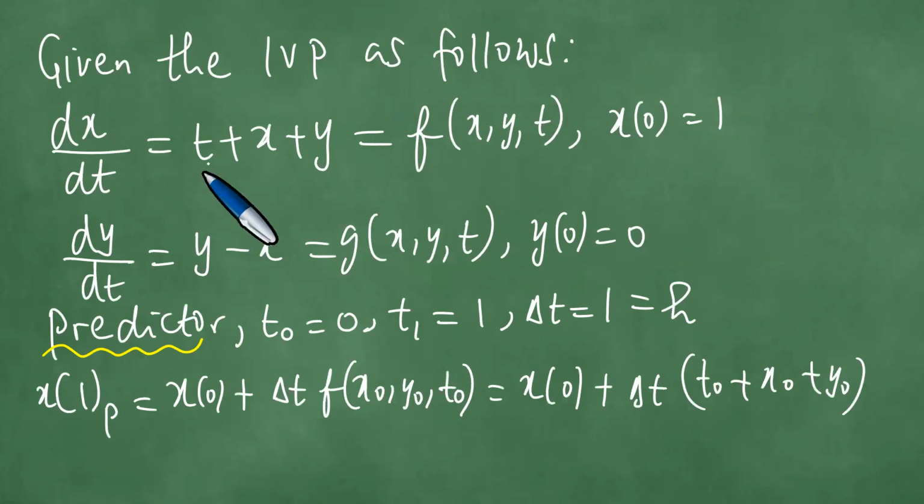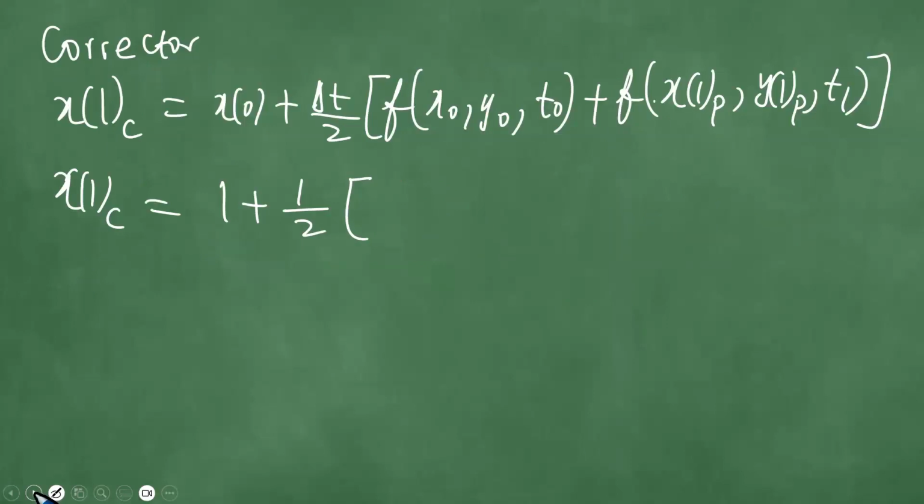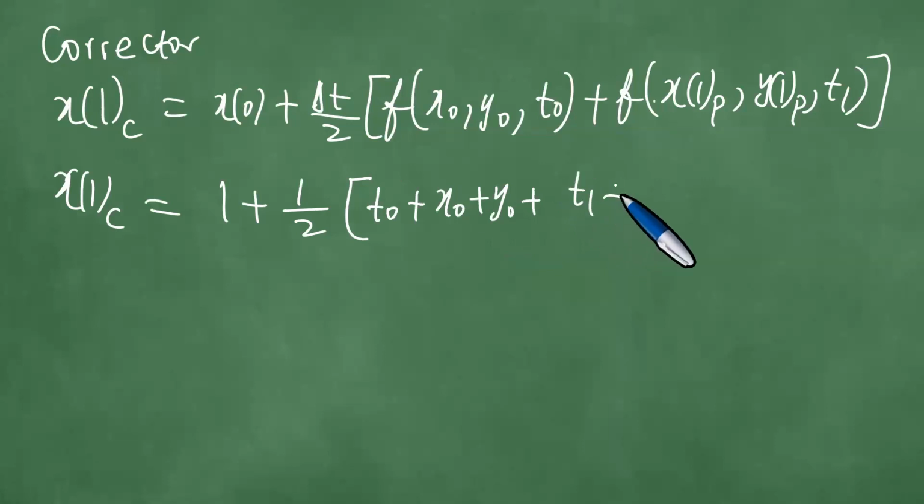As we saw, it's going to be t0, x0, y0, and then now the f is the same thing, so it's going to be exactly t1, x1 p plus y1 p for the predictor.